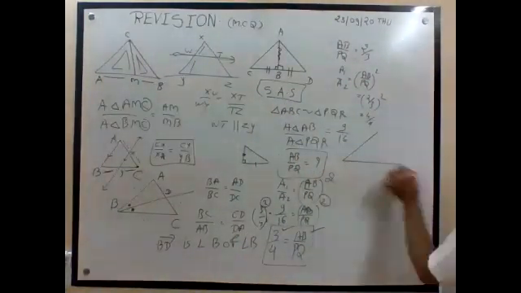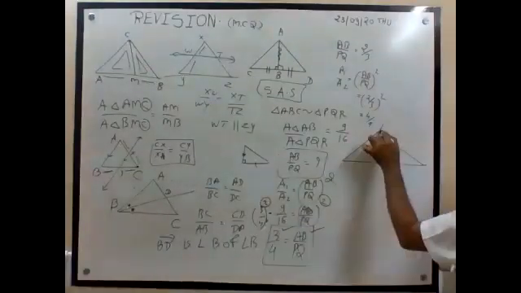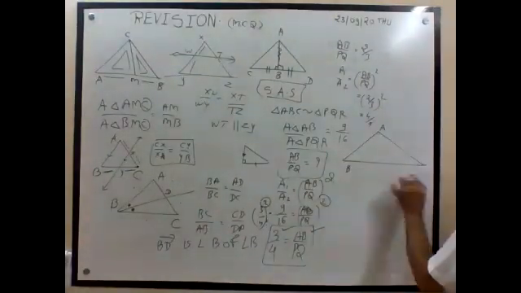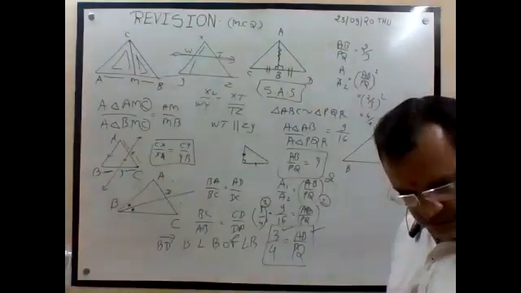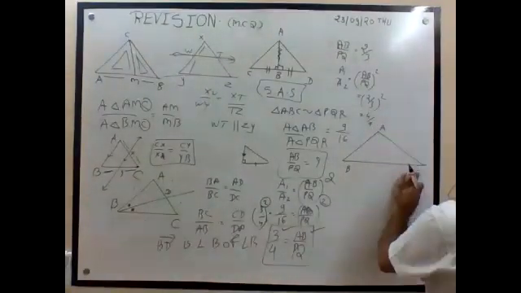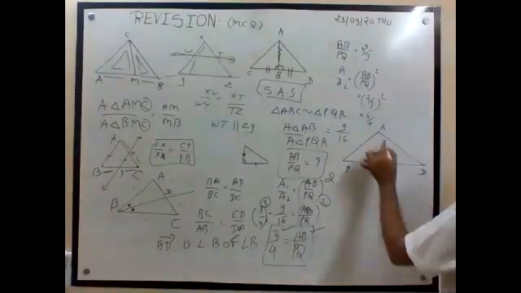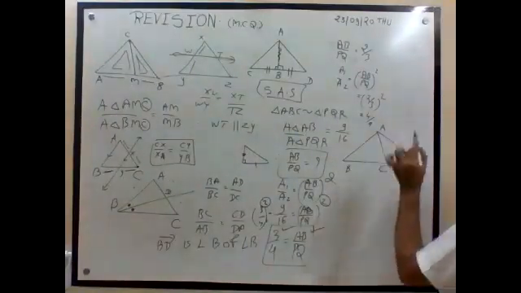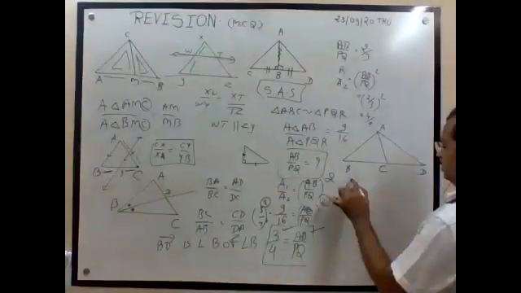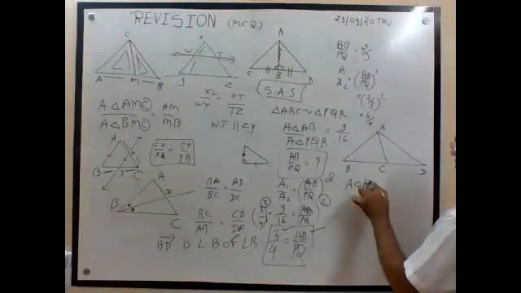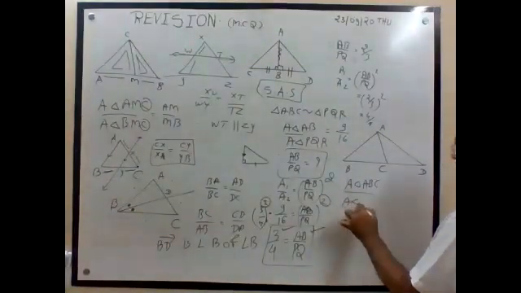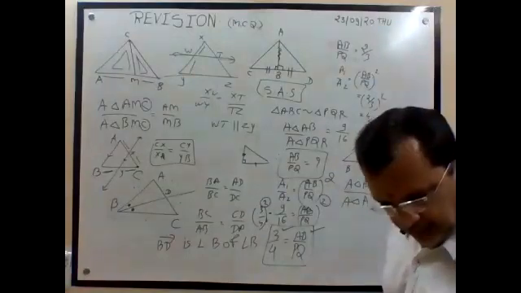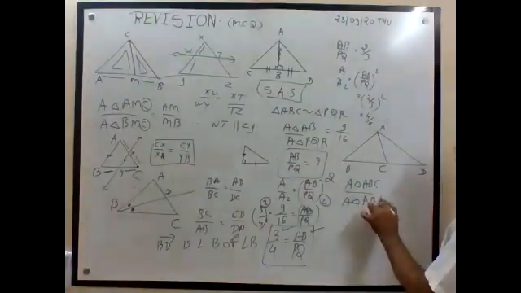Now one more diagram is given. ABD and it is C. What is the question? Area of triangle ABC divided by area of triangle ABD.